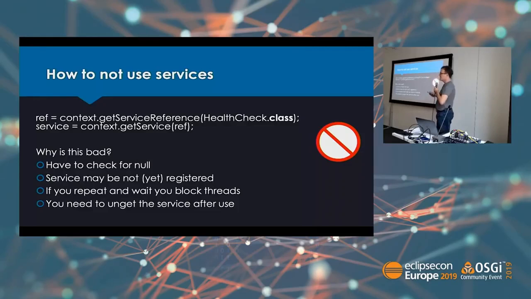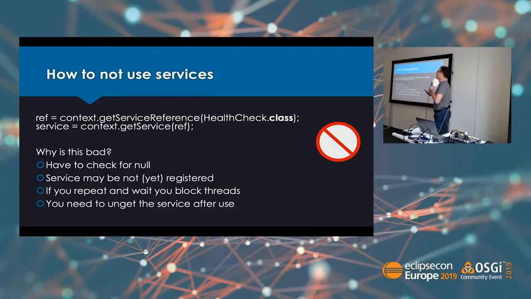Even at runtime, you can install and uninstall bundles, and then it's just normal that services come up or go down. So the first thing is, after get service reference, you can have a null. After context get service, you can have a null, and you have to first check for these nulls. But the bigger problem is, even if you do nice checks and you will not have a null pointer exception, now you know there is null. What do you do? You want this code to run.